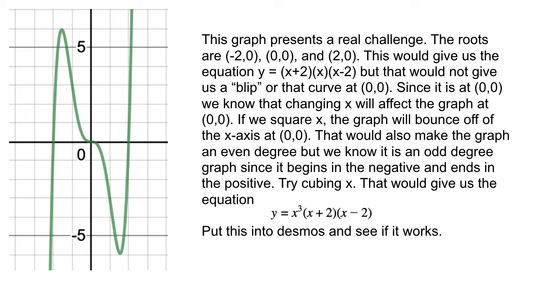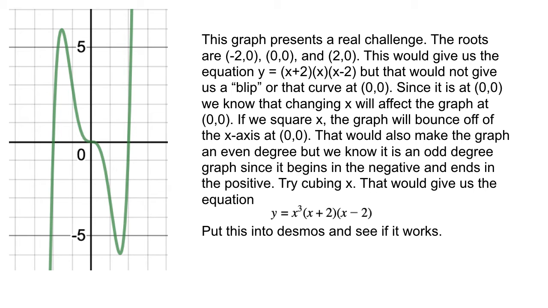This graph represents a real challenge. We see that it has 3 roots, but we have this funny curve at (0, 0). So the 3 roots are (-2, 0), (0, 0), and (2, 0). This would give us the equation y equals the quantity x plus 2 times x times the quantity x minus 2.